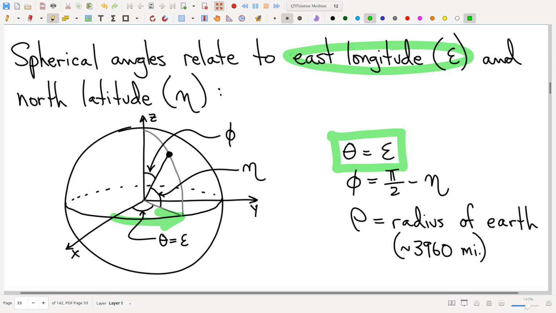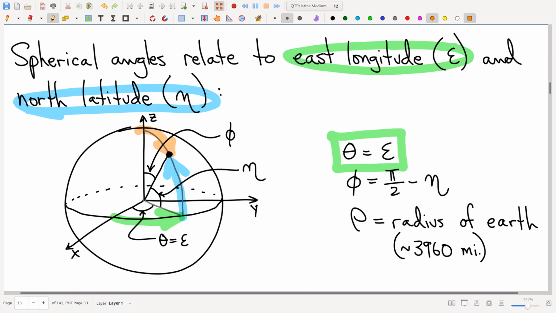Okay, so let's look now at north latitude. Well, north latitude is a little different. North latitude is measured like that. Wouldn't it be nice if latitude was phi, but of course it's not, right? Phi is measured downward from what you might call the North Pole here.